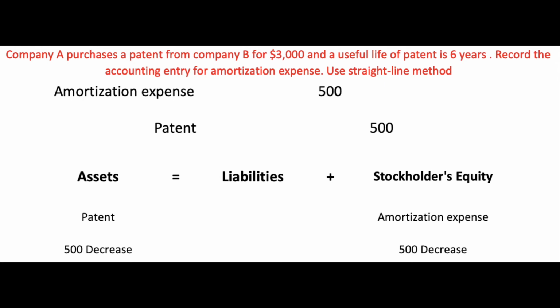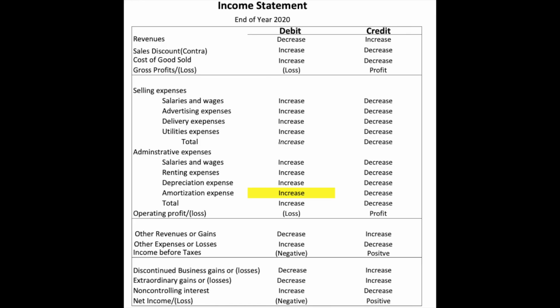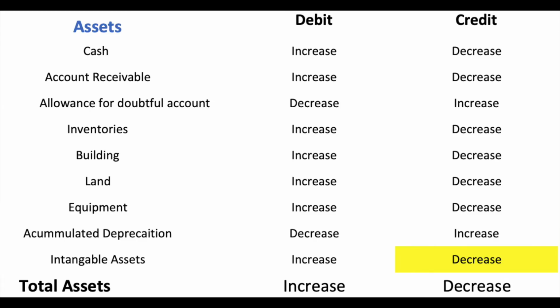Assets decrease by $500, and stockholders' equity is decreased by the $500. In this transaction, amortization expense is increased in the income statement, and patent is decreased in the balance sheet.